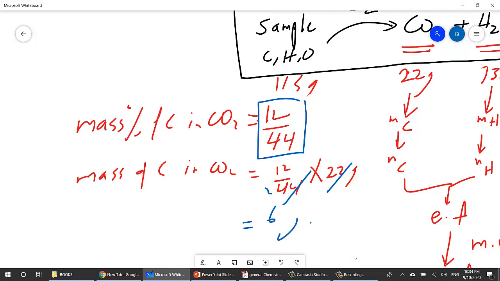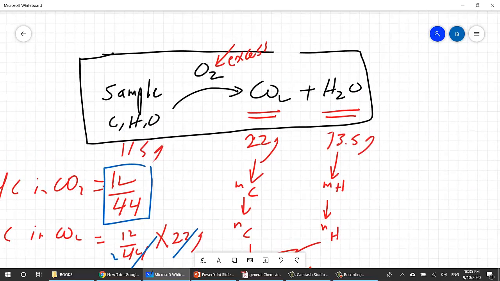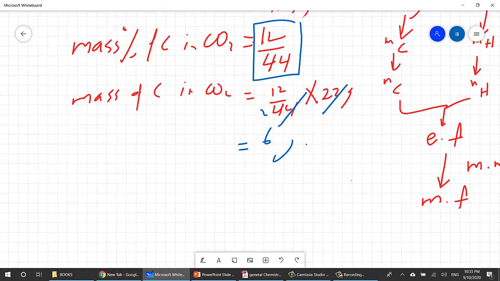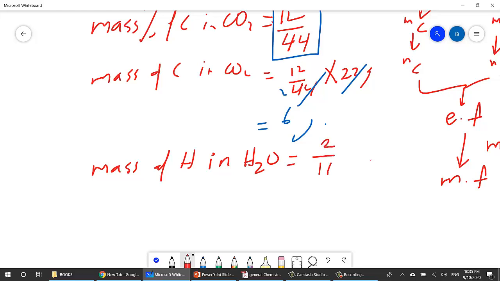Now let me do that for hydrogen in water. This is the same thing. Let's use that concept to apply for hydrogen. Here I have 13.5 grams of water. The mass of hydrogen in water is equal to the mass percent of hydrogen in water, which in this case is 2 divided by 18.